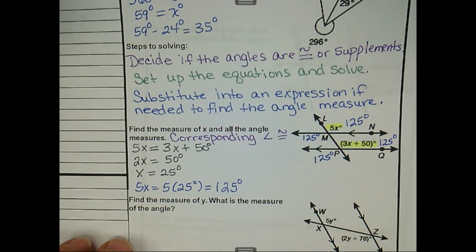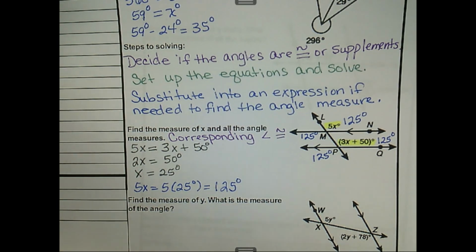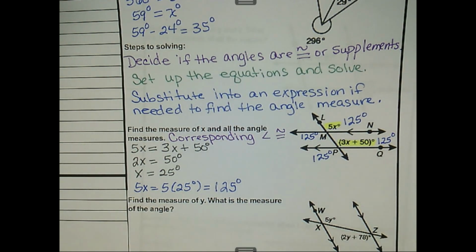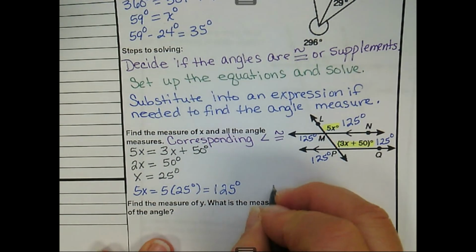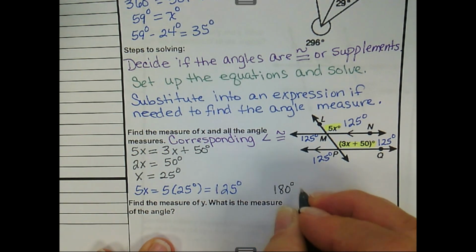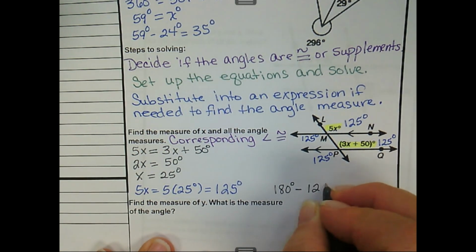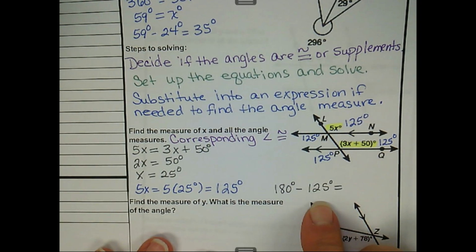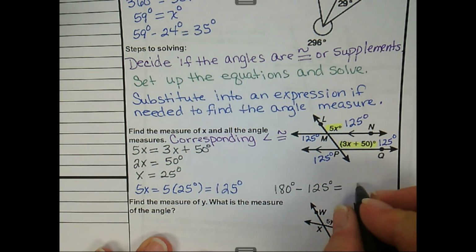Okay, I've still got 4 more angles to find. And I know that any of these are either congruent or supplementary. So the ones that are not congruent to 125 must be supplementary. So 180 degrees minus 125 degrees is equal to 55 degrees.